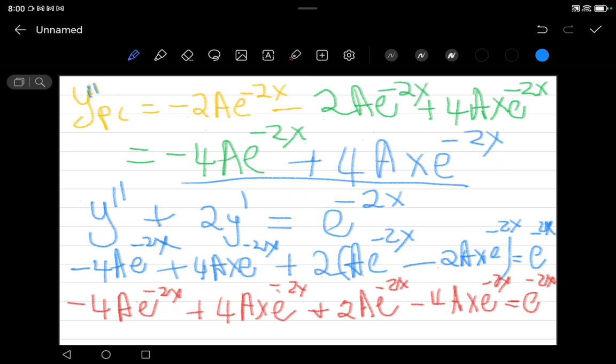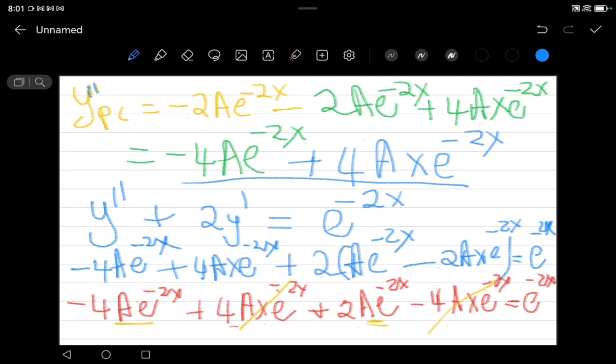And then from here you can see we have 4ax, we also have a negative 4ax, which means this one and this one are going to cancel. 4 minus 4 is 0, and then we'll be left with a negative 4ae to the power of negative 2x plus 2ae to the power of minus 2x. So it's the same, ae and we have ae. So minus 4 plus 2. Minus 4 plus 2 is negative 2.